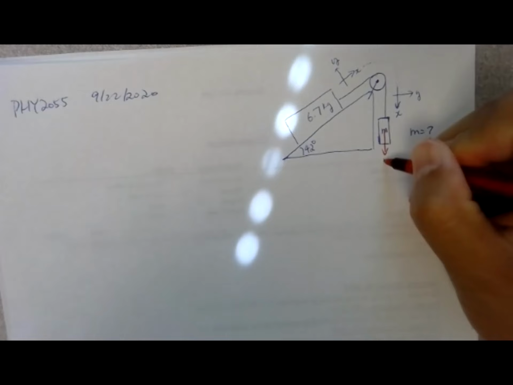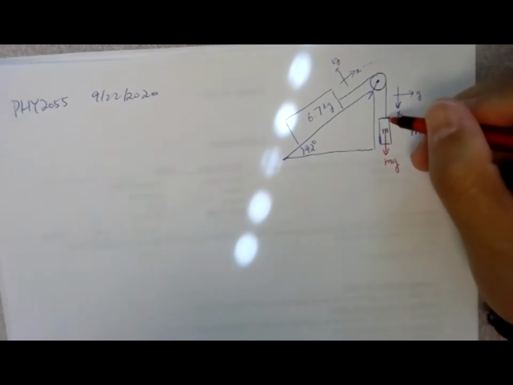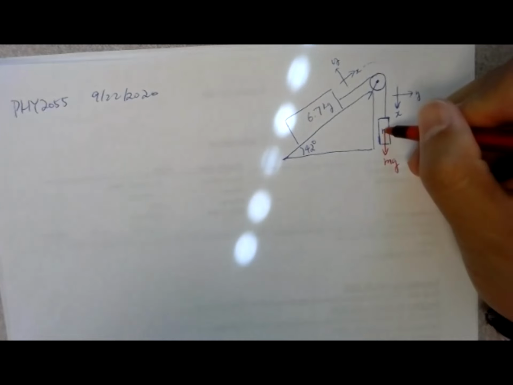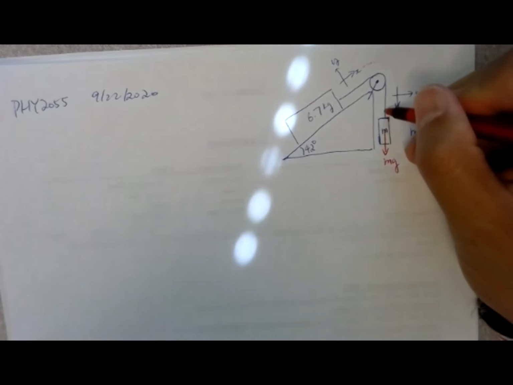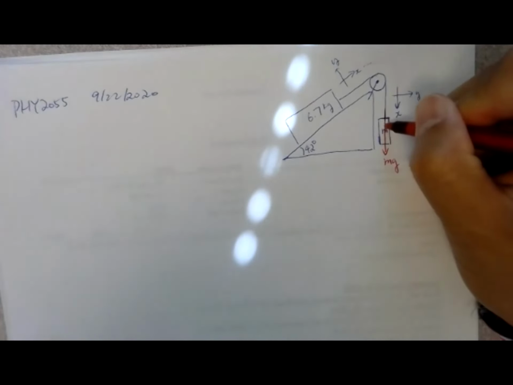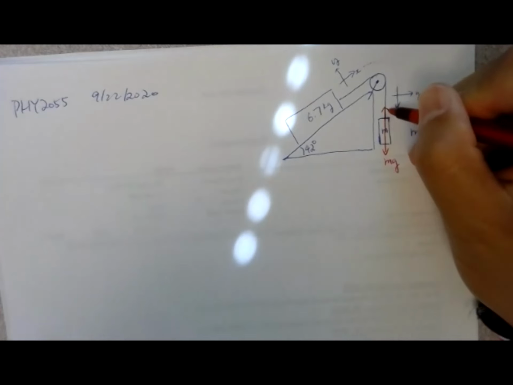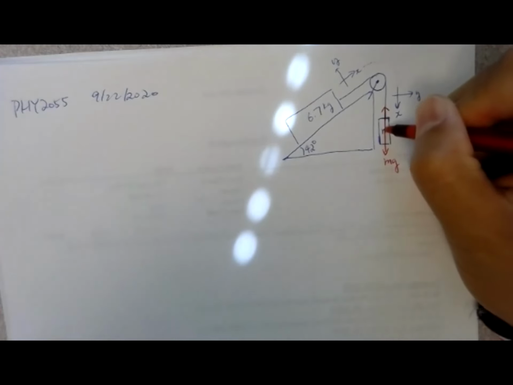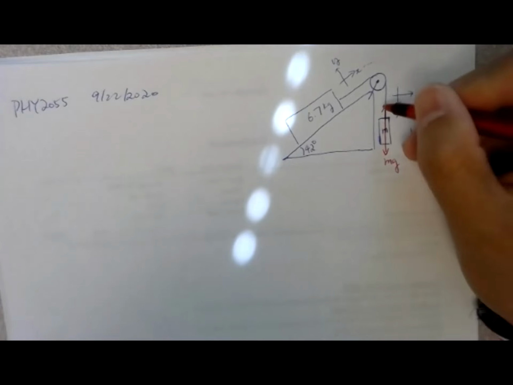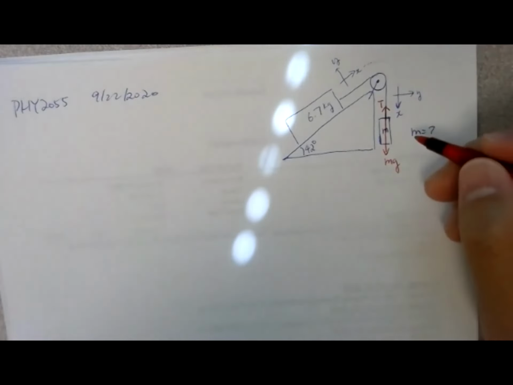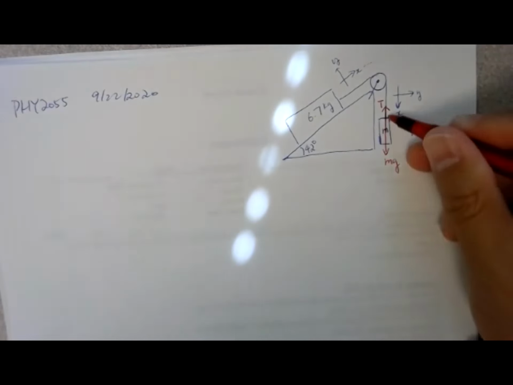The first force you want to draw is the gravitational force, or the weight, because we are near the surface of Earth. The second force on this block should be the tension, because the tension is holding it upward. So this is the tension force.